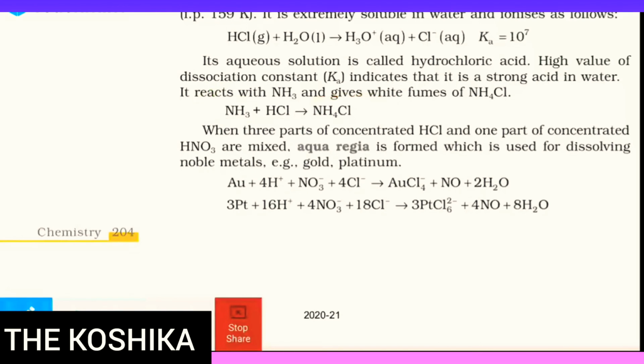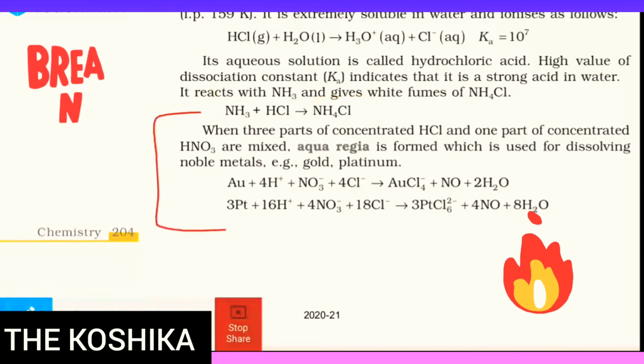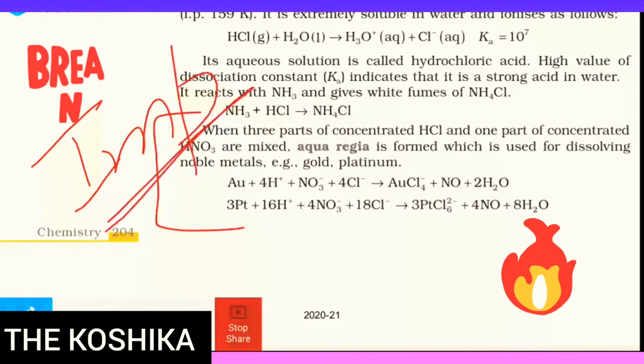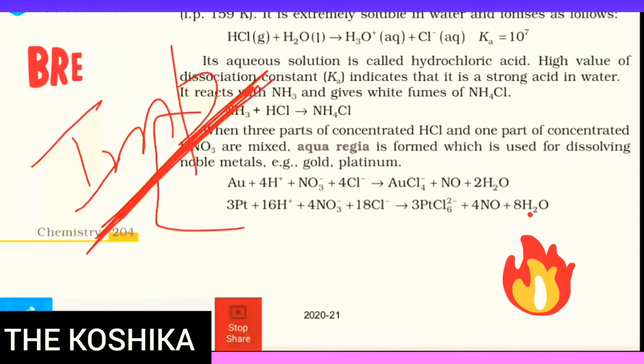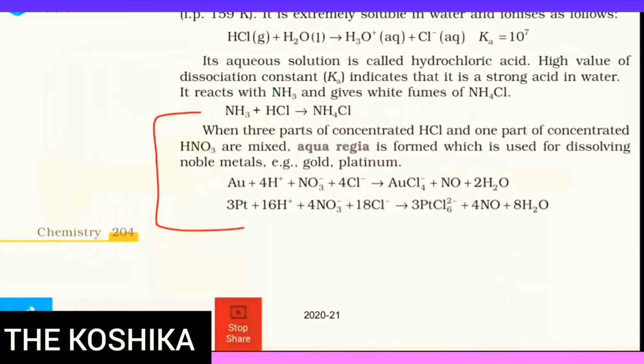अब एक बहुत ही इंपॉर्टेंट पार्ट है ये वाला. This is very very very important. अब इतना ही इंपॉर्टेंट समझ लीजिए कि ये वाइबा में भी पूछा जाता है, बोर्ड में भी आता है, और नीट के एग्जाम में डायरेक्ट क्वेश्चन है. ठीक है. इसको हम कहते हैं एक्वा रीजिया.